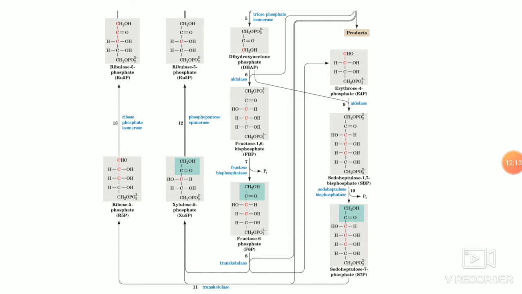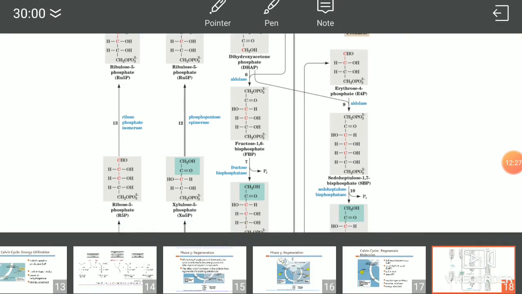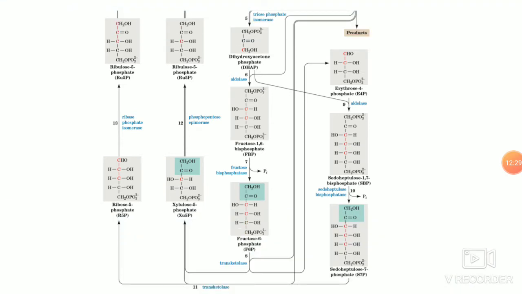Now this dihydroxyacetone phosphate, so first we'll concentrate on reaction 6 and reaction 9. This is a kind of aldol condensation reaction in which dihydroxyacetone phosphate is linked to an aldehyde.